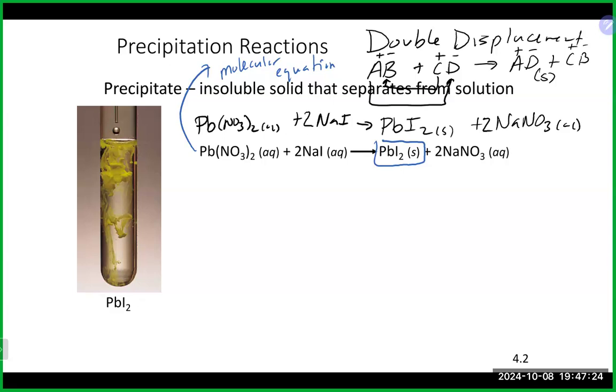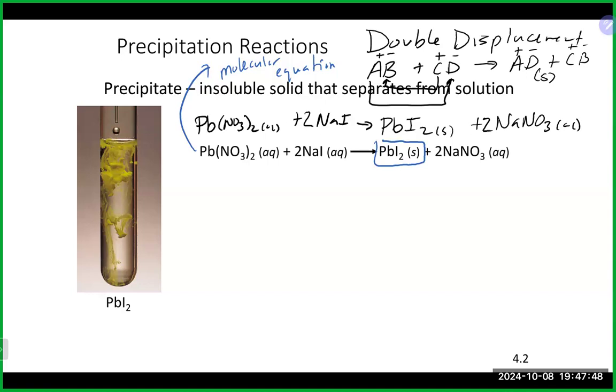Now, we could write another equation that actually describes what's happening when we dump all these guys into the beaker basically together. So we could write an equation which is sometimes referred to as the total ionic equation, because when we take something that is an ionic compound in a solution and it's a strong electrolyte, it will not stay together.